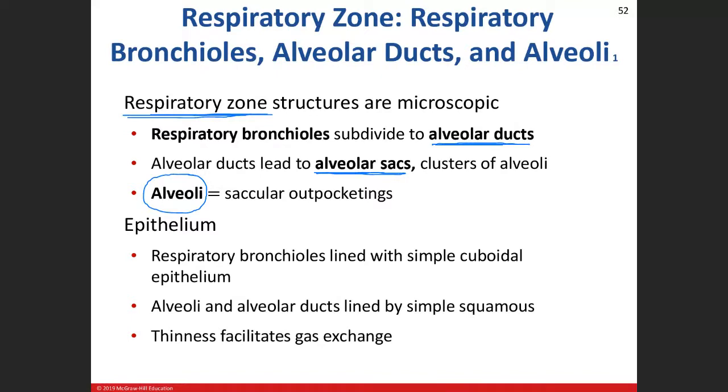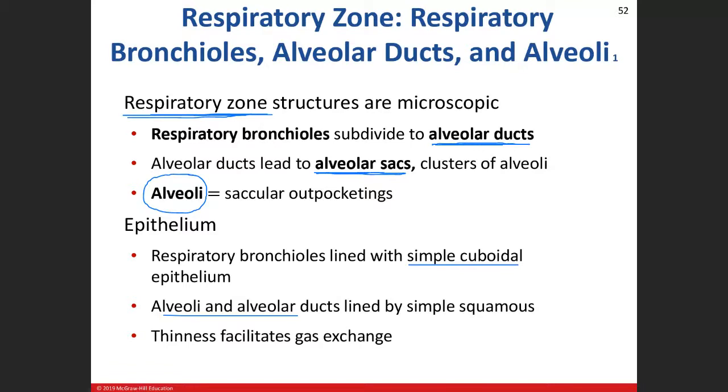Keep in mind, from a functional aspect, our goal in the respiratory zone is to facilitate gas diffusion. We learned in chapter 5 about tissues which type of epithelium is best. Simple by far is the best, because it's the thinnest barrier possible. In the respiratory bronchioles we're dealing with simple cuboidal epithelium.